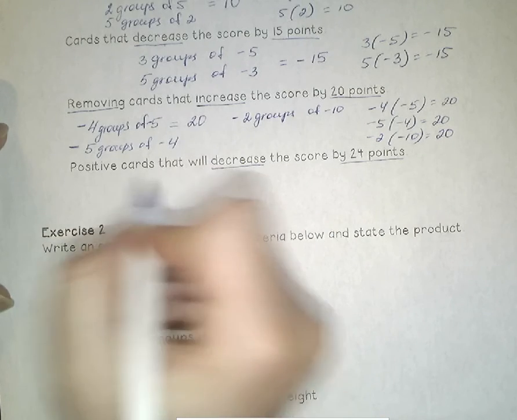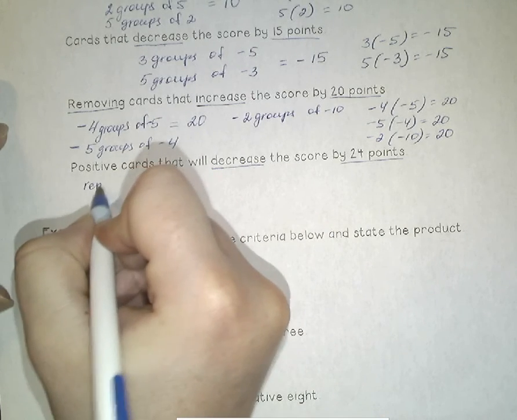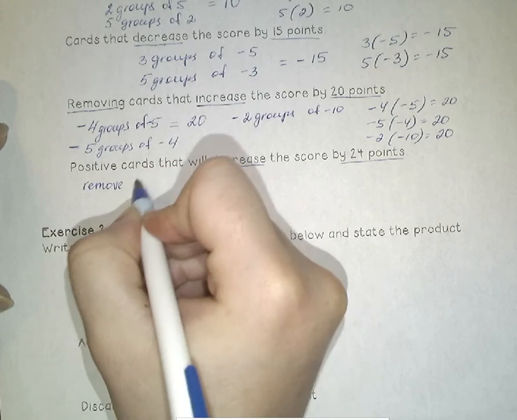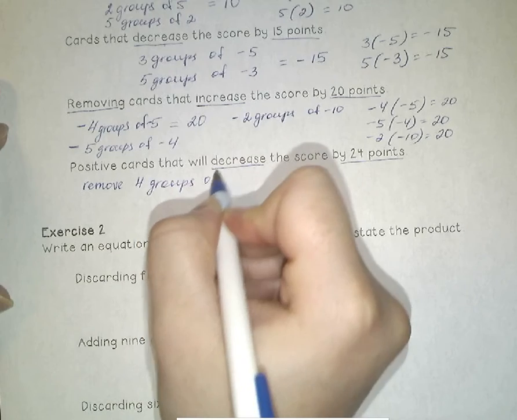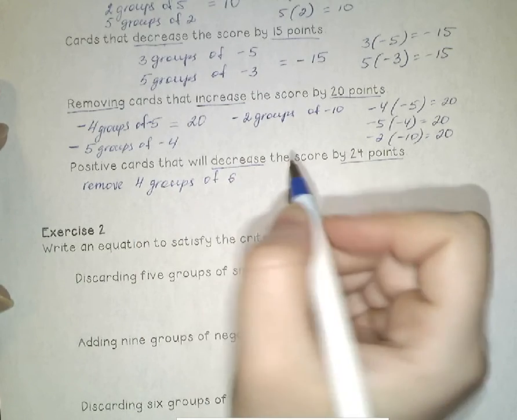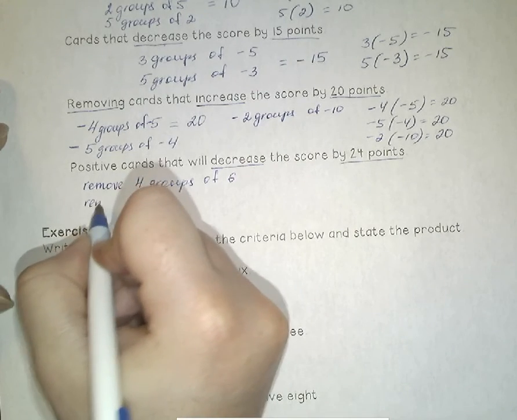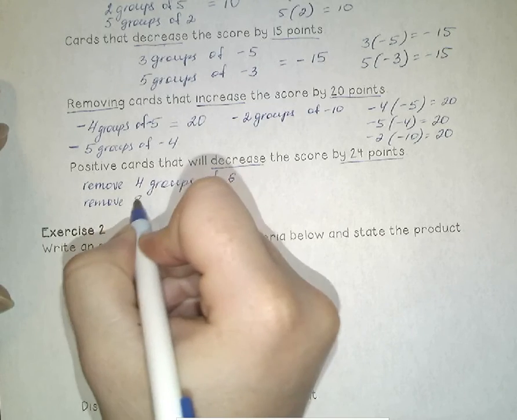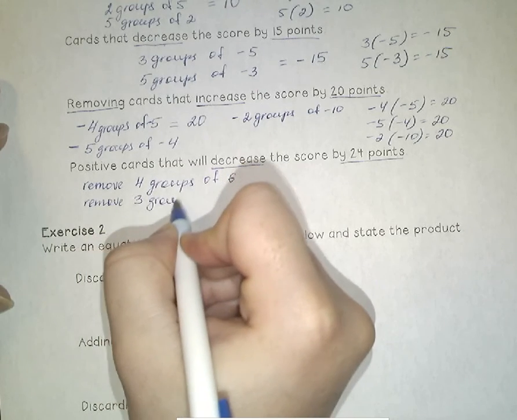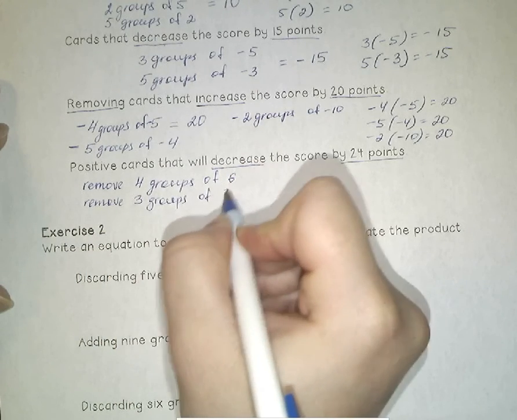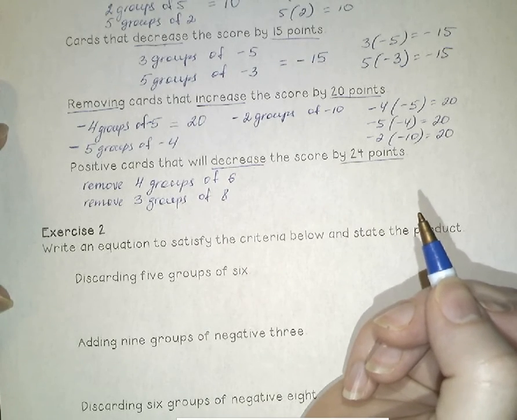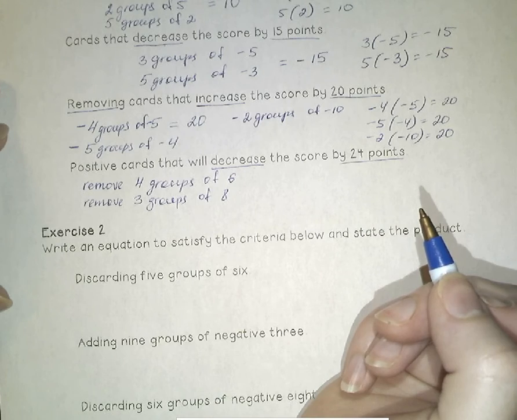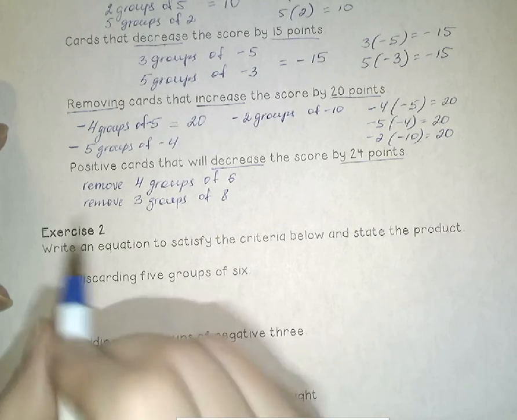I can only remove, let's say, 4 groups of 6, or I can remove 3 groups of 8, right? Or 2 groups of 12, but I don't think we have cards with the 12. Don't think so. Okay.